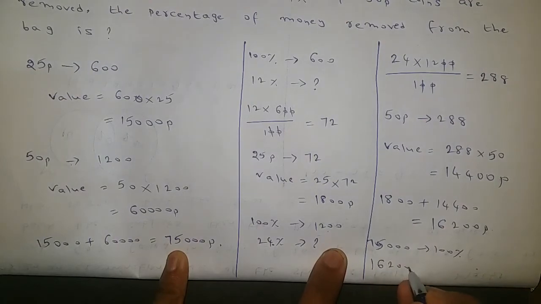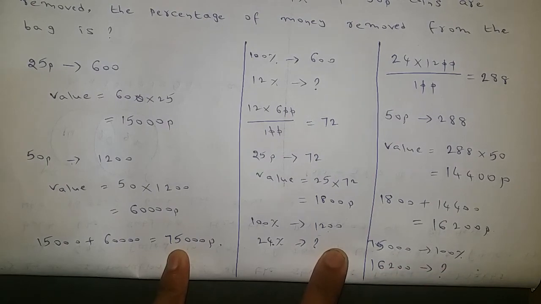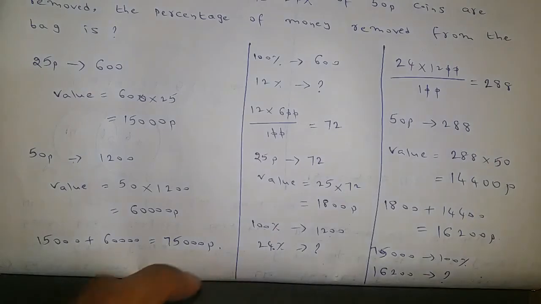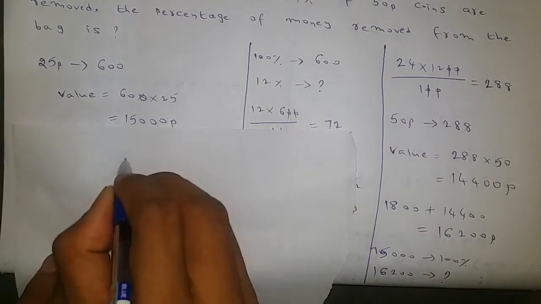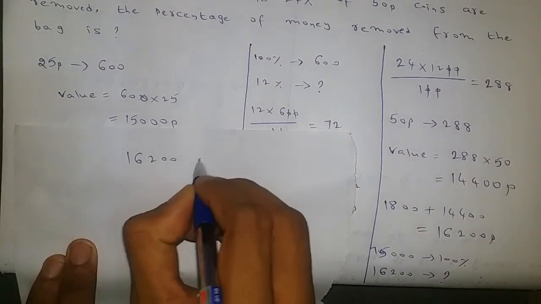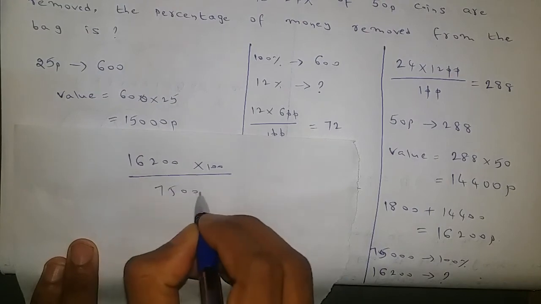Then 16,200, how much? If we do cross multiplication, we will get 16,200 into 100 whole divided by 75,000.